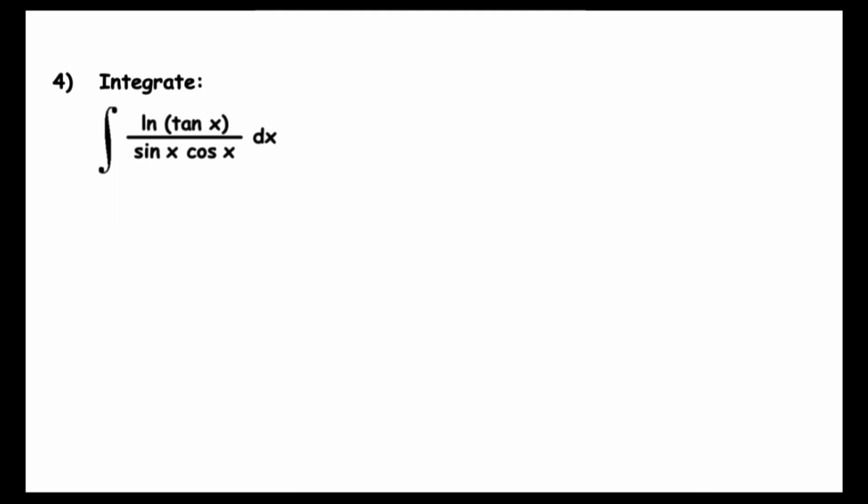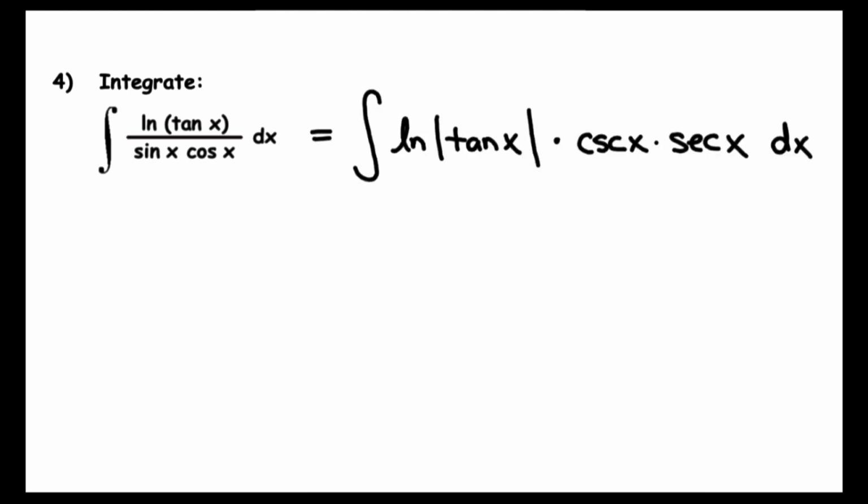Ew. All right, I've got to figure out what in the world I can do with this. I was thinking about maybe making tangent of x the u, but the derivative of tangent is secant squared. I only have one secant. The other one's a cosecant, so that's no good. What if I made u natural log of tangent of x, just like the whole thing?